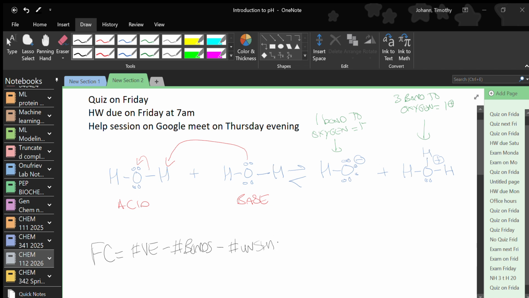Not unpaired, unshared electrons. If you apply those rules, you'll get the same answers here. But it's much easier if you just remember 1 bond to oxygen is a negative charge, 3 bonds is a positive charge, and 2 bonds is neutral.